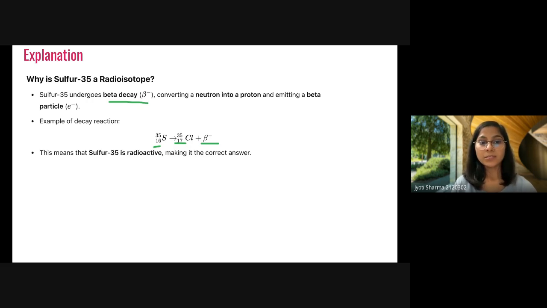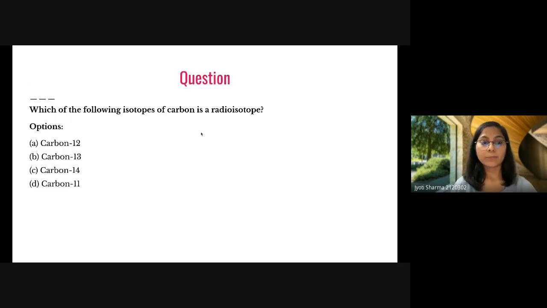So this is nothing but beta decay, and if it is undergoing beta decay, then this is a radioisotope, right? So sulfur makes the correct answer. Is it clear?